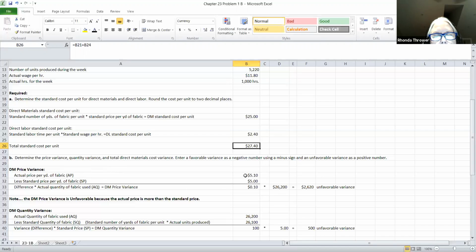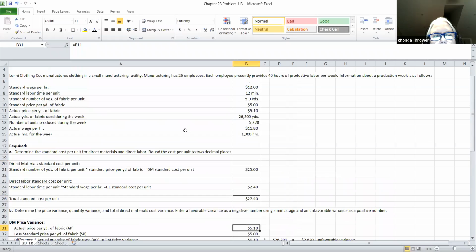And so what I did is I just plugged in my actual price per yard, $5.10, which is B11 right here. The actual price per yard was given at $5.10. You're going to compare it with your budgeted price per yard, which is your standard price per yard. Your standard price per yard was $5.